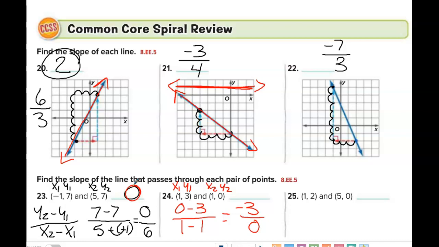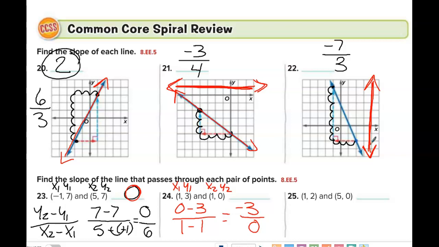So if that one was 0 and it gave us a horizontal line, what do you think dividing by 0 is going to give us? A vertical line. You're going to get an answer that looks like this. Could you tell me what the slope of that is? No, this one's not 0.